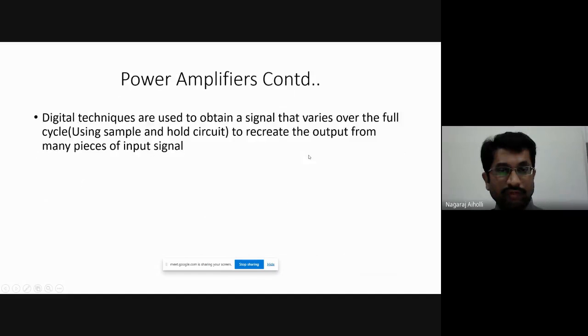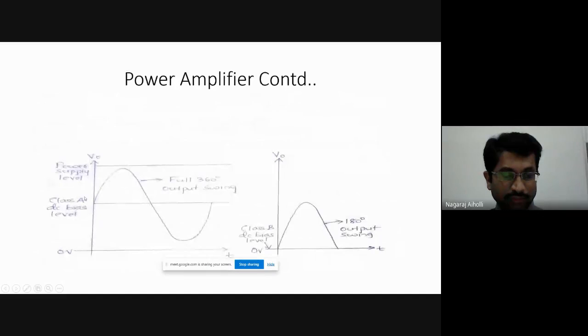If you look into this waveform, the DC bias level is exactly in the middle. It is not nearer to the zero level. And this power is consumed in the circuit. Whatever power we are applying in the transistor circuit is consumed or dissipated in the transistor circuit, because it is not nearer to the zero level.